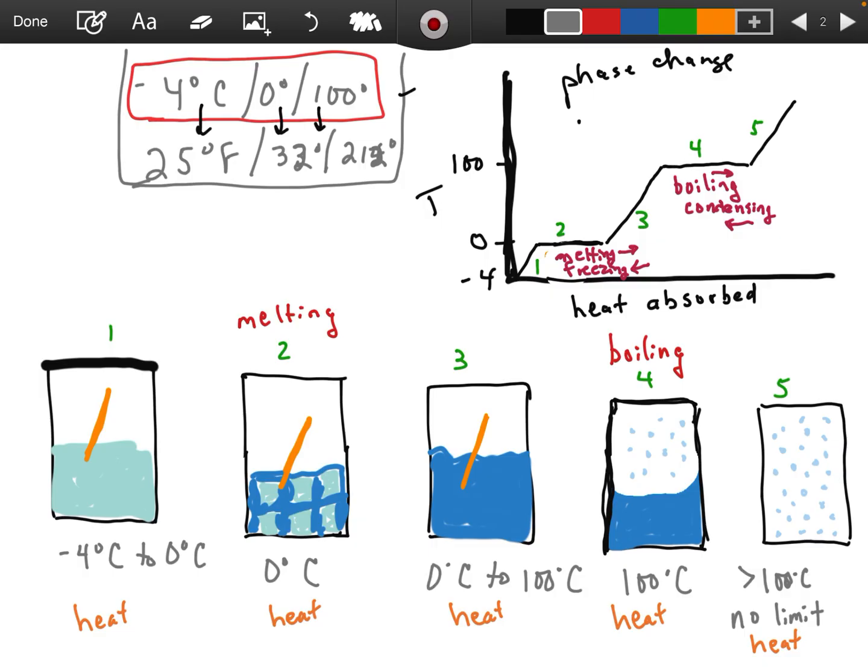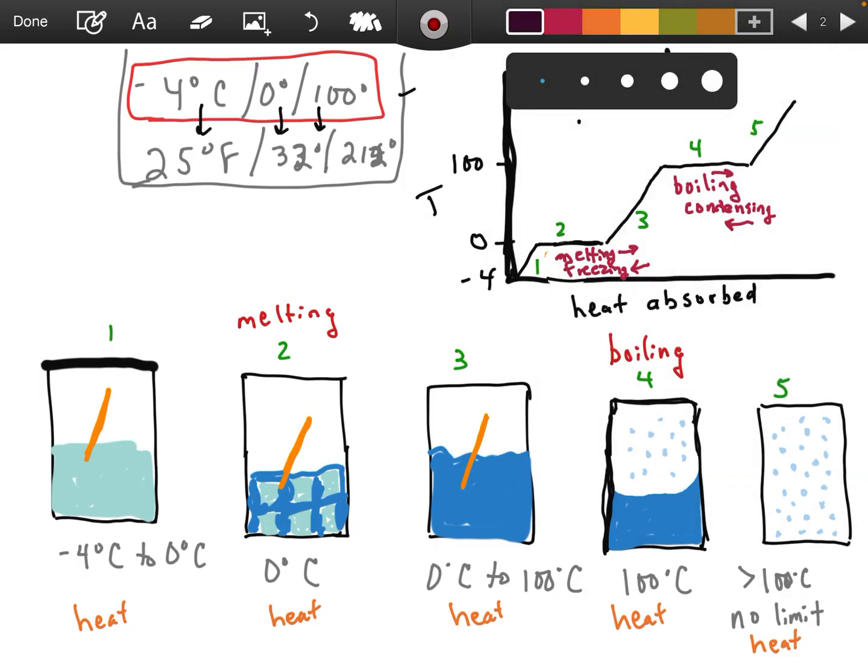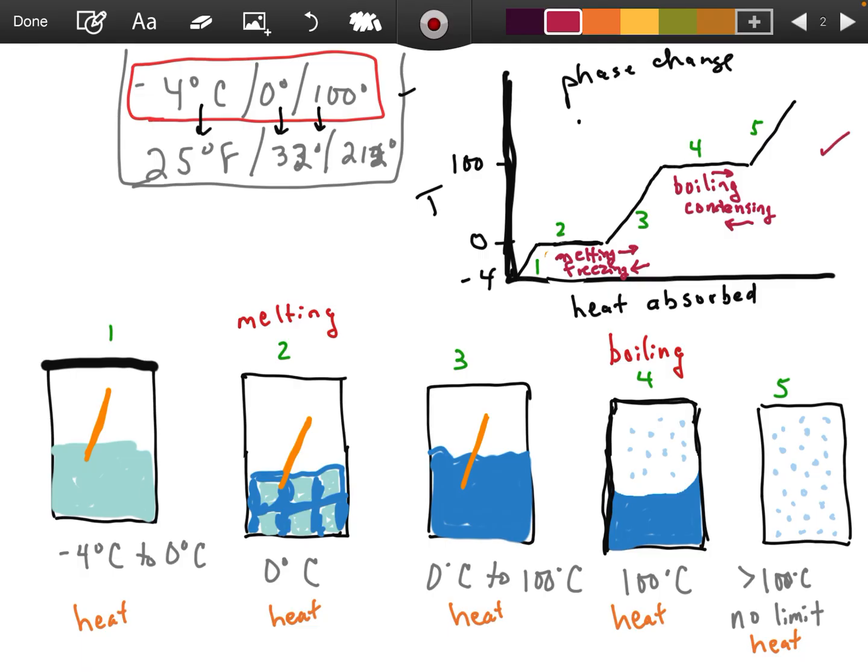So ice itself, if you measured the temperature of the actual ice internally, it's probably going to be less than 0 degrees Celsius. So notice over here on the graph, on the right, this corresponds to that. If we're applying heat, the temperature of that ice is rising from -4 to 0.